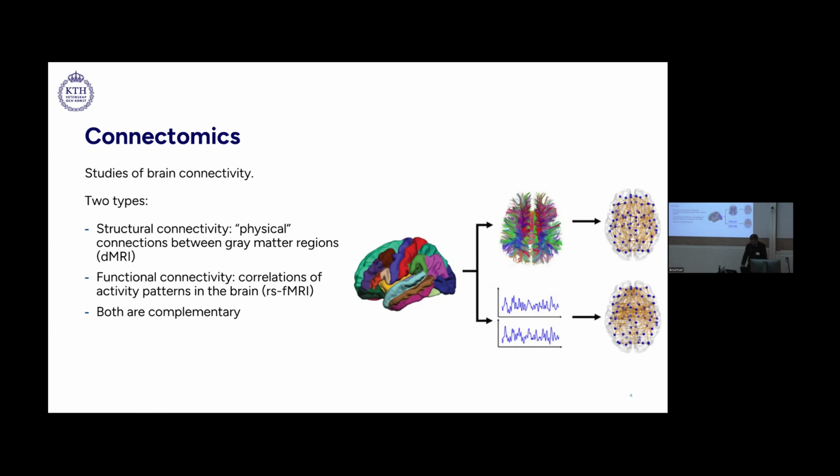And both are complementary. You need both. It's not that you do one and the other is not relevant, but usually you do both. But in our group, we are mostly focusing on structural connectivity, not too much on functional. So my talk will be describing more the diffusion part.